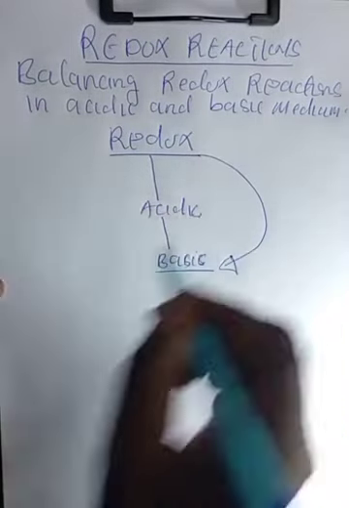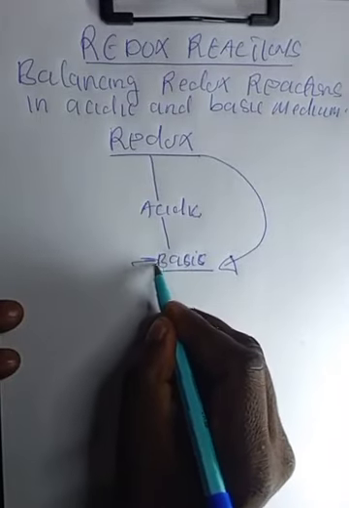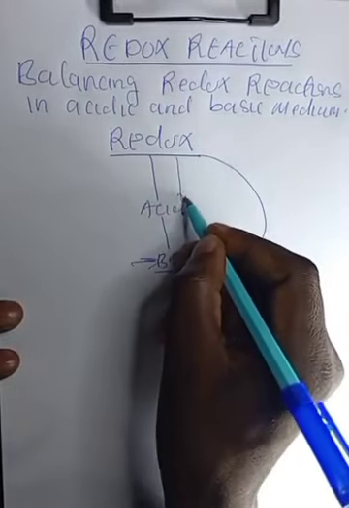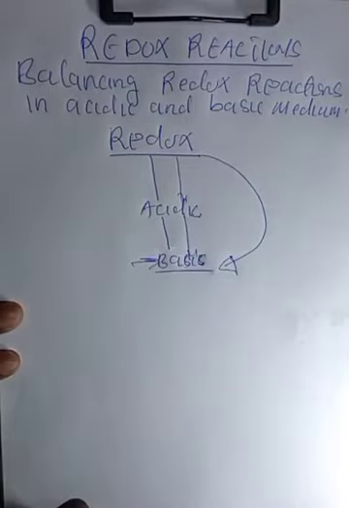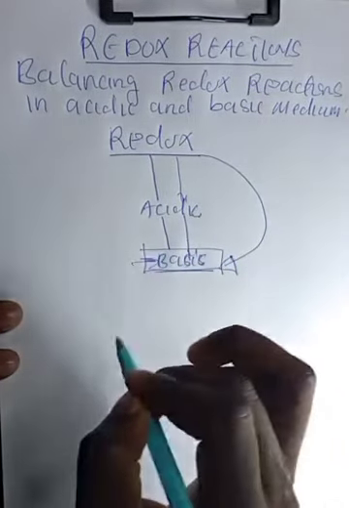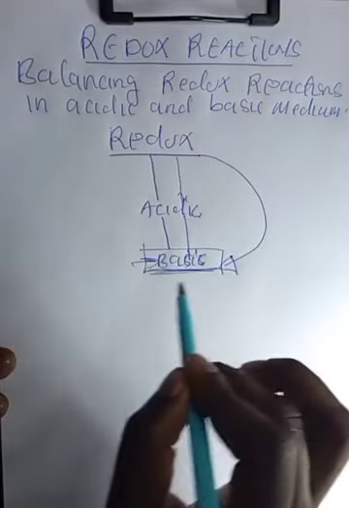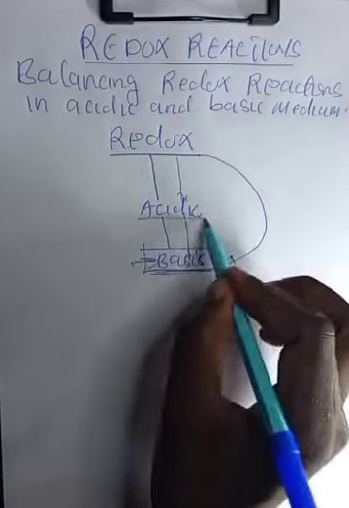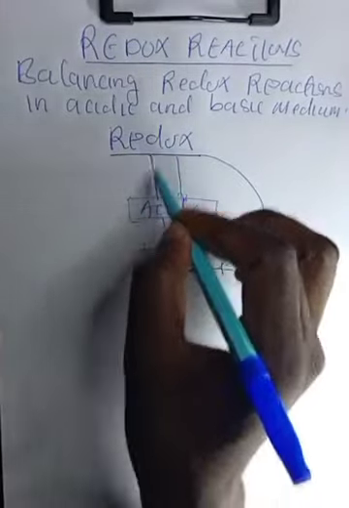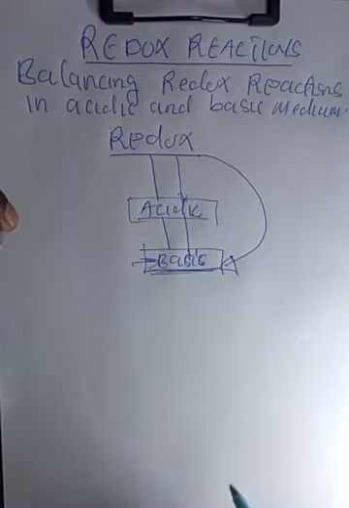Even if the question says balance in basic medium, first you should balance in acidic, and after that you proceed. That's why our focus today is to understand how to balance in basic medium, but because for you to do so you first need to balance in acidic medium, we're going to do a quick revision about everything that we covered last time when we met.